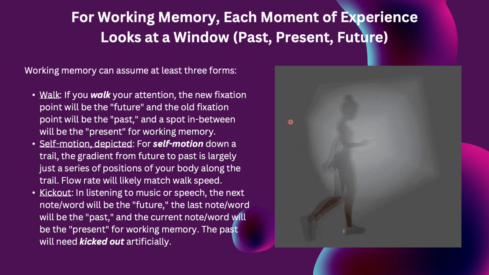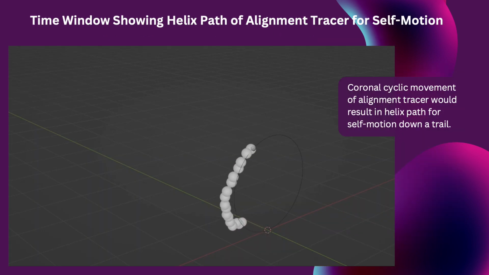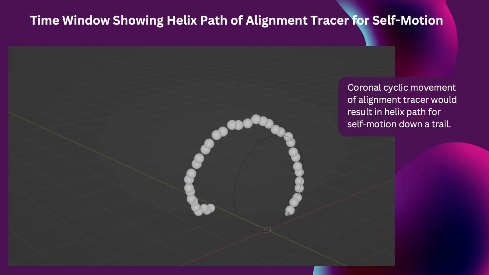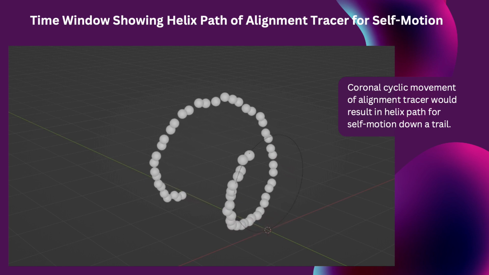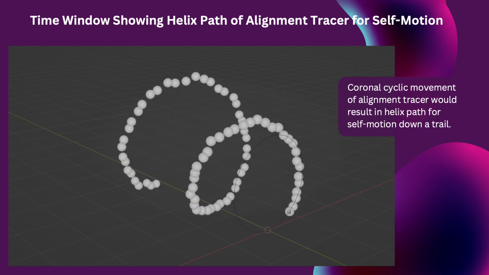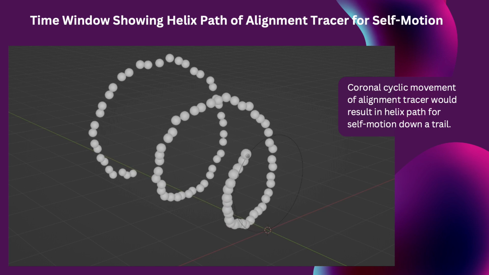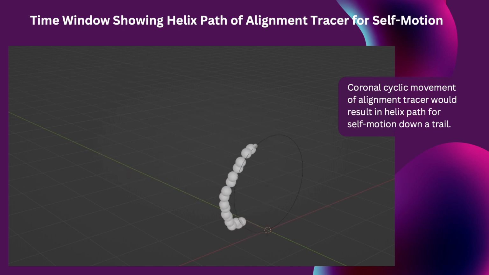And I think that the brain actually does that in the creation of perception. If you had coronal rings going around your body, perhaps in the body schema or something, and you're walking down a trail, then the path that would leave would actually be a helix path.